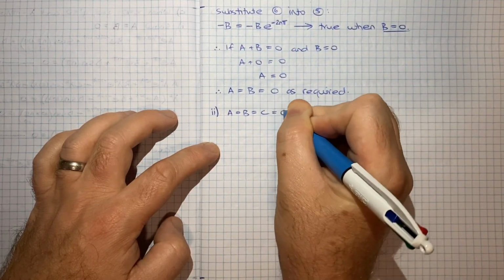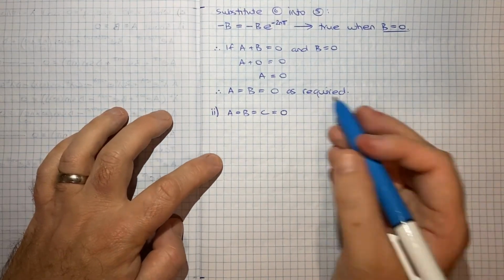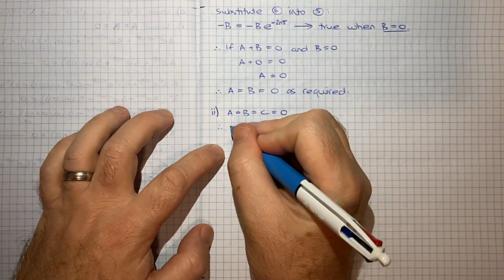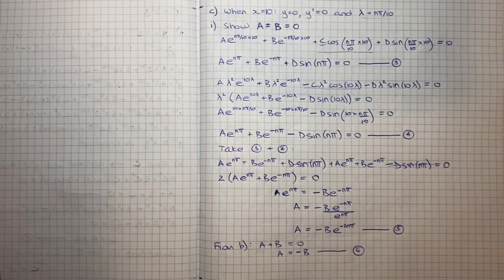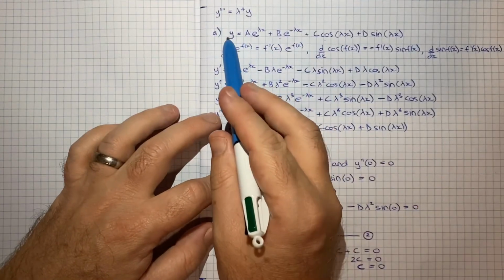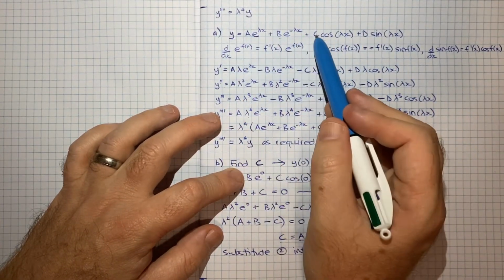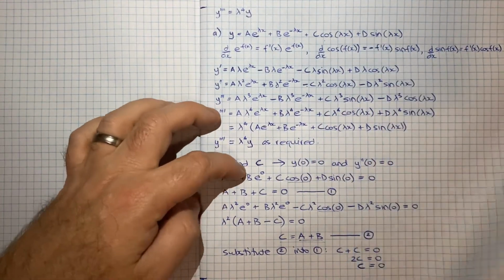They're all equal to 0, because in part b we found that c was equal to 0 too. So therefore, if we go right back to our original y, a is 0, so this drops off, b is 0, drops off, c is 0, drops off, so we end up with d sine lambda x.